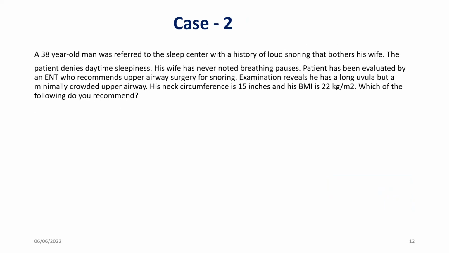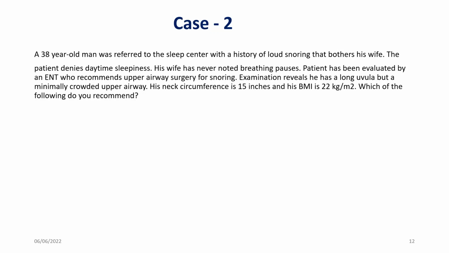So case 2. A 38-year-old man was referred to the sleep center with a history of loud snoring that bothers his wife. The patient denies daytime sleepiness. His wife has never noted breathing pauses. Patient has been evaluated by ENT who recommends upper airway surgery for snoring. Examination reveals a long uvula but a minimally crowded upper airway.